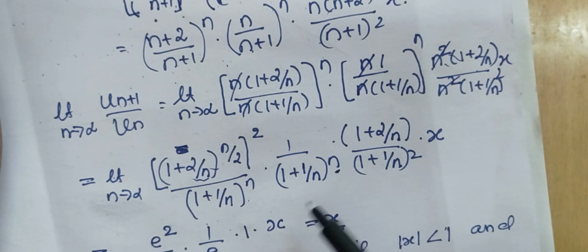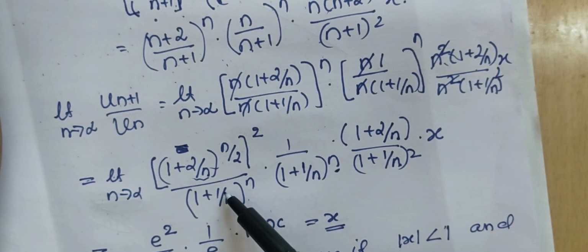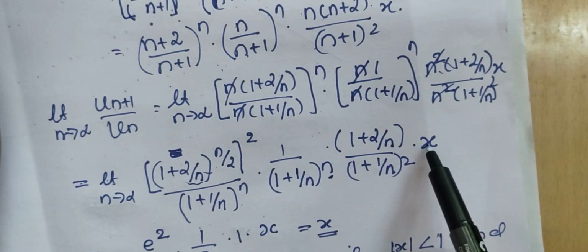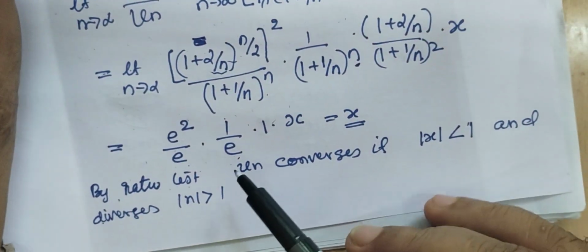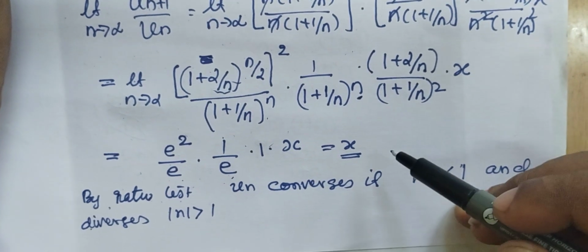That is why the answer is 1 by 1. So the total value is e square by e into 1 into the remaining x. That means the e square and e cancel, and you will get only x.